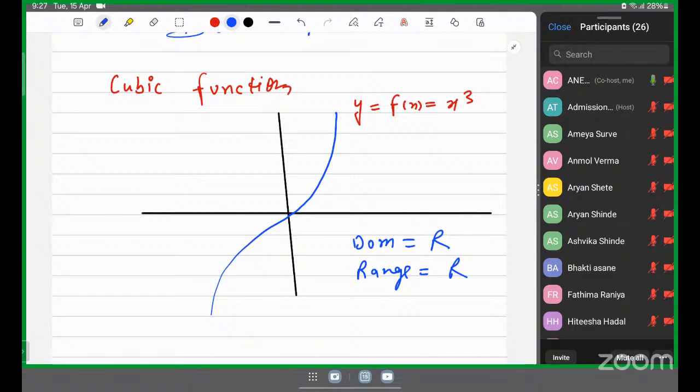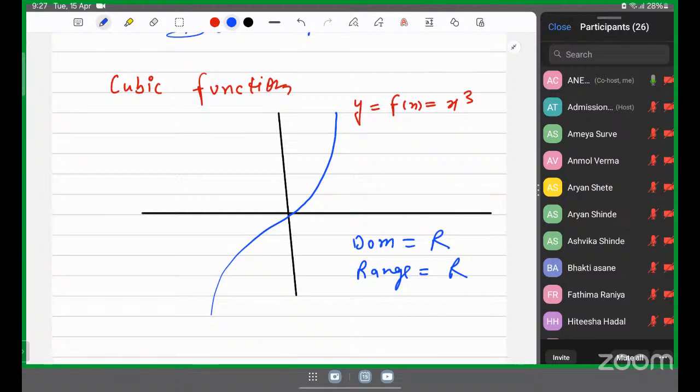Like if I take f of x equals 3x cube, what will be its domain? R. What will be its range? Again R. If I take f of x equals minus 5x cube, again domain will be R, range will be R. So the point is, if you multiply some constant value k with x cube, there will be no change in its standard domain and range. Both of them will be R and R.